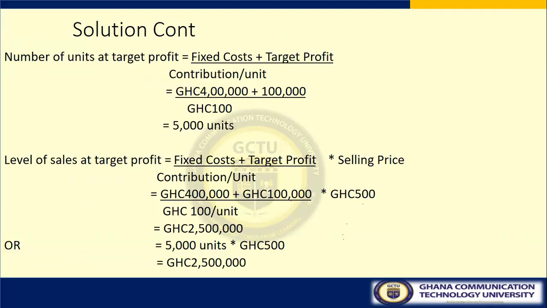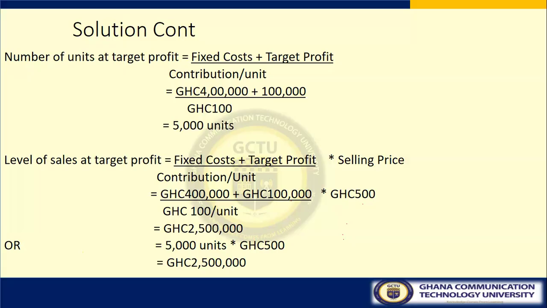Then break-even point in sales is equal to break-even point in unit times selling price. Then number of units at target profit is equal to fixed cost plus target profit divided by contribution per unit. The level of sales at target profit is equal to number of units at target profit times selling price.